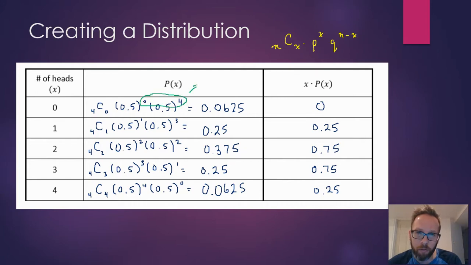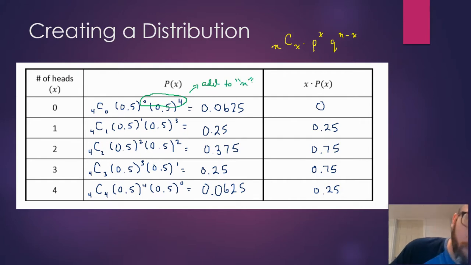These two exponents always add to n, right? 0 plus 4, because that's the number of successes and the number of failures. It has to add to the number of trials. So 0 and 4, 1 and 3, 2 and 2, 3 and 1, they all add up to 4. And I've got my 5 calculations here. There are 5 possibilities: you can get no heads, 1, 2, 3, or 4.